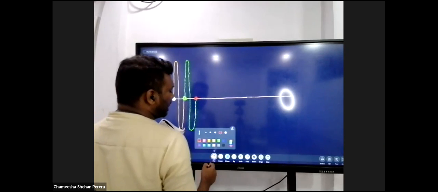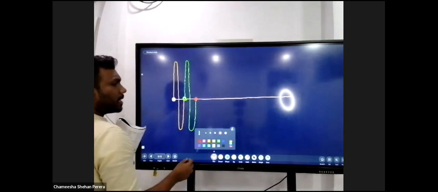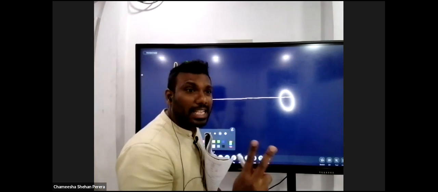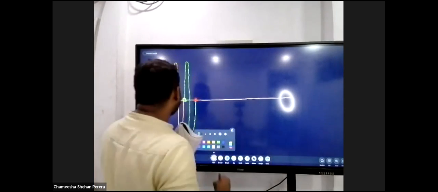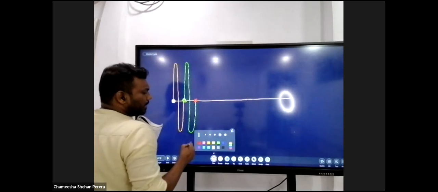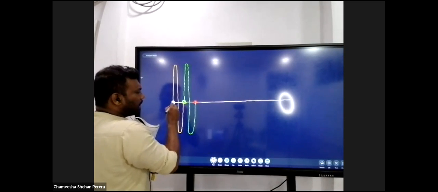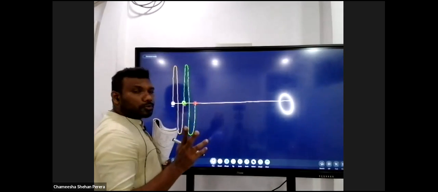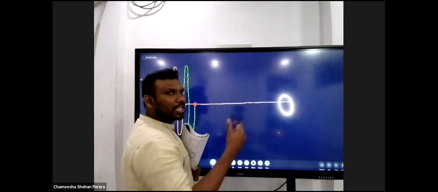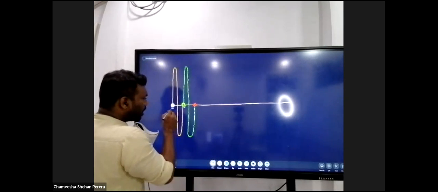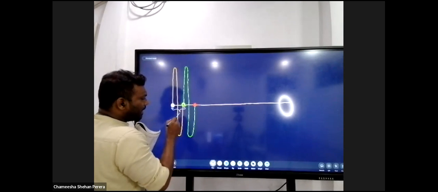So then we say the distance between two consecutive particles with the same state of motion. These two particles that I'm talking about here, this particle and this particle, both are consecutive particles, adjacent particles with the same state of motion. You can consider the distance between these two particles to be the wavelength.